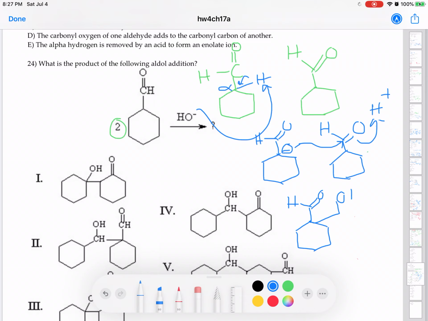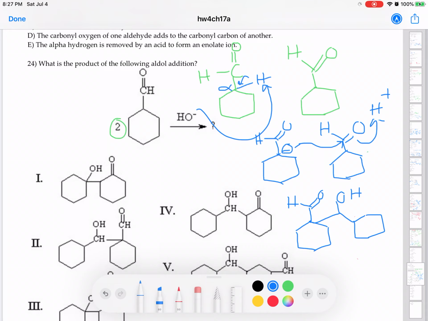Okay, this becomes OH, and this is connected to this. Now that looks like a good structure. So you can see the carbonyl group, and the OH is on the beta position to the carbonyl group, so that is the aldol product.